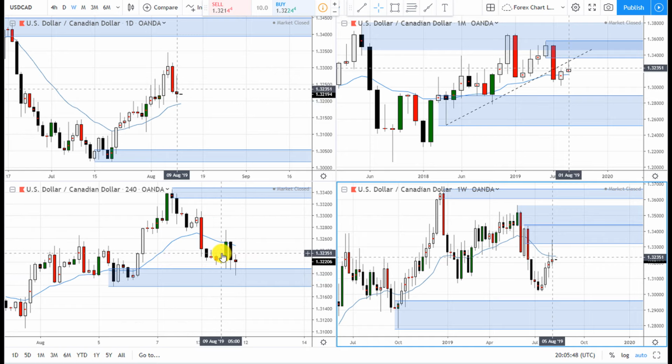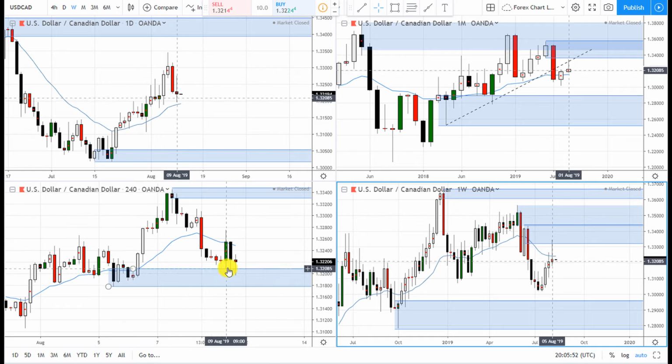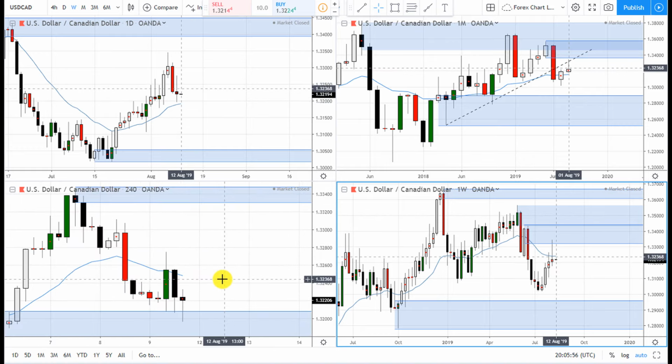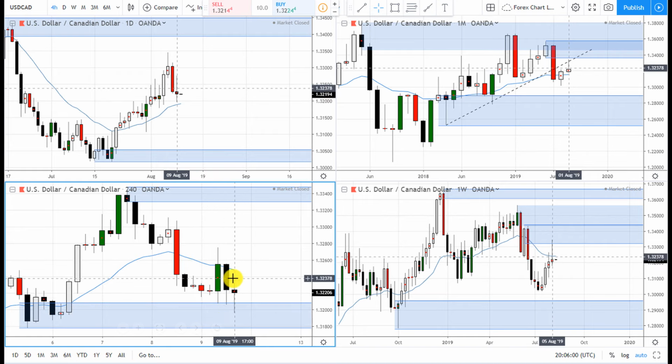me personally, I may scalp this because it touched it and went up and then didn't really do much. It did touch it and then it rallied and then it dropped again.